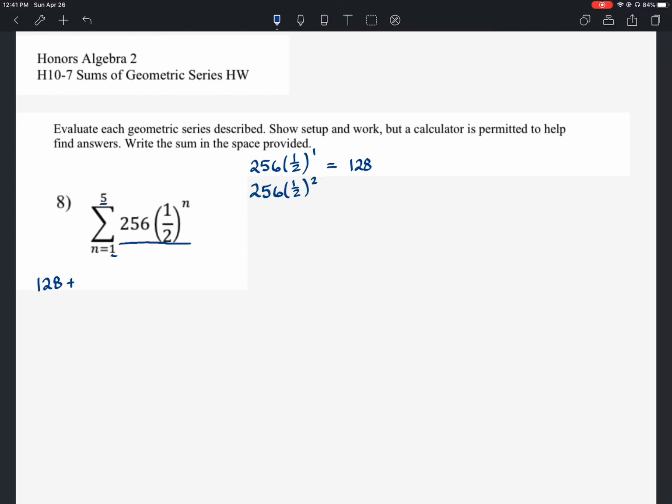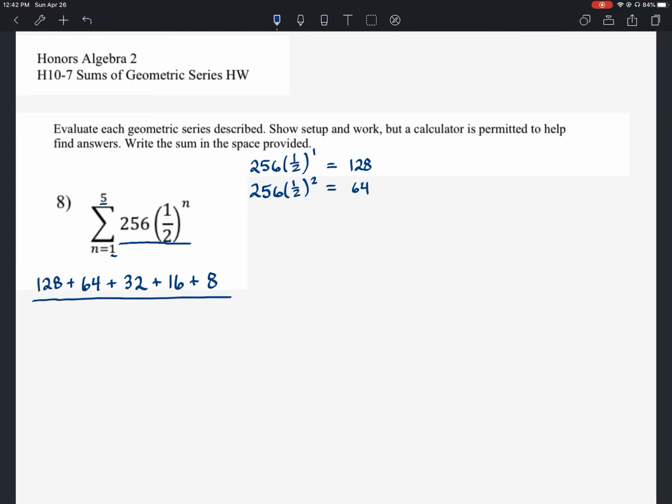So that's like 1/4 times 256, which is just going to end up being half of the number we've got right now. 128, half of that is 64. And then the next number after that should be half of 64, which would be 32. Half of that is 16, and then half of that would be 8. There's our 5 terms that are in this series.